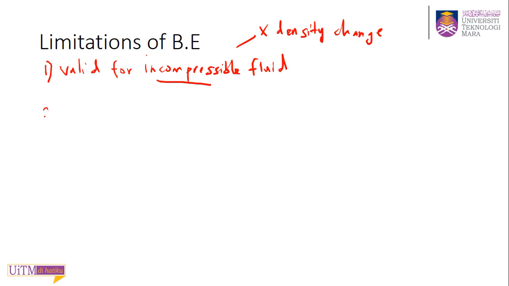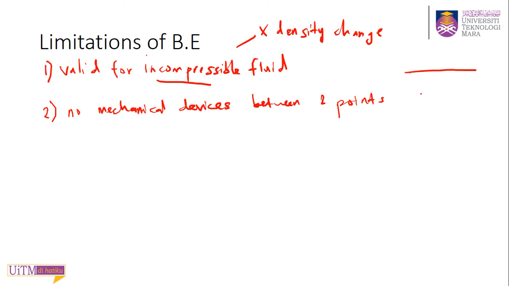The second rule is that there is no mechanical device between the 2 points of interest or sections. Let's say, like the pipe earlier, point 1 and point 2.